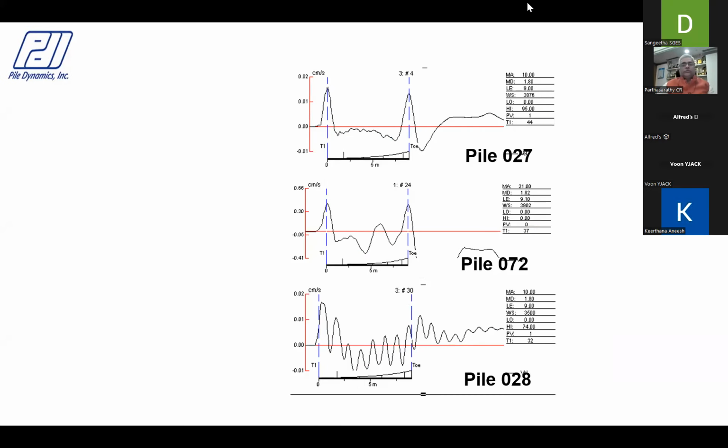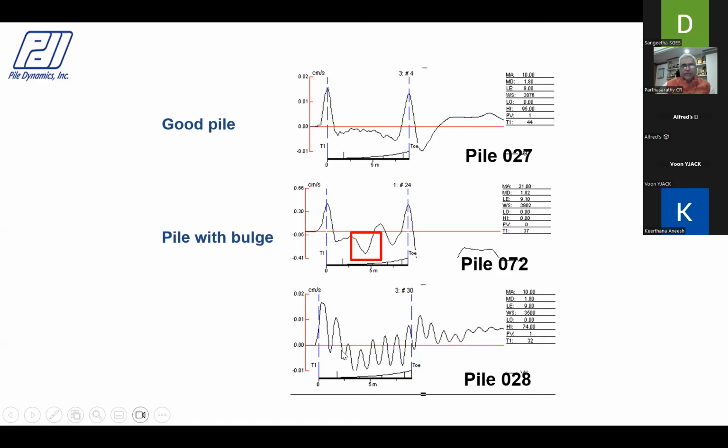Okay, so now the top pile, 27. This is an idealized, very good pile. You don't see any positive response, so it's a good pile. And in the second one, you have a negative-positive cycle, so the negative response indicates a bulge in the pile.